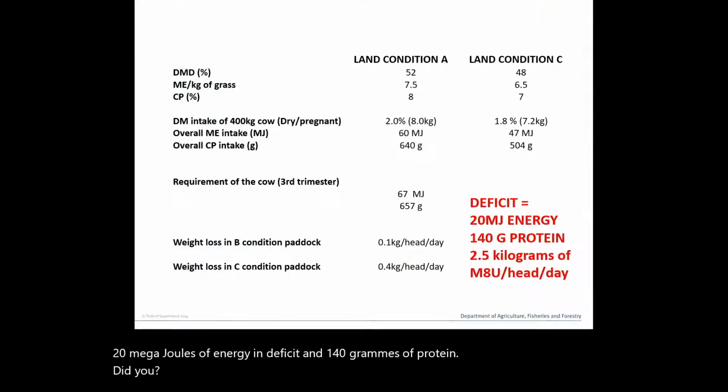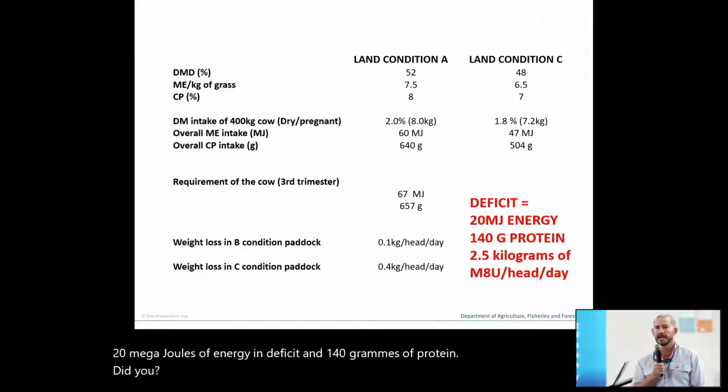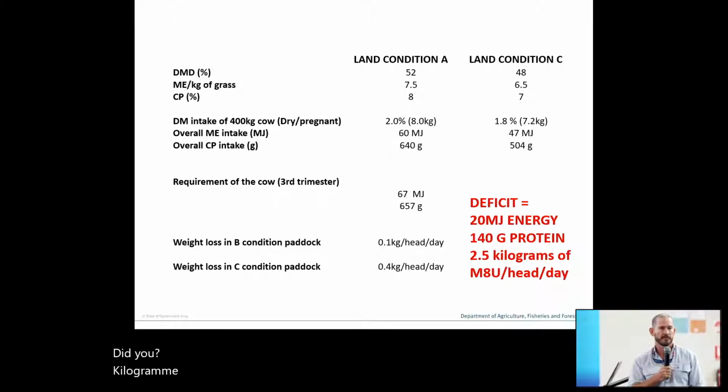Unfortunately, in the land condition C paddock, you are 20 megajoules of energy in deficit and 140 grams of protein, which, if you want to put it into a feed comparison, is around about 2.5 kilograms of M8U per head per day. That's the deficit you've got there for those cows.